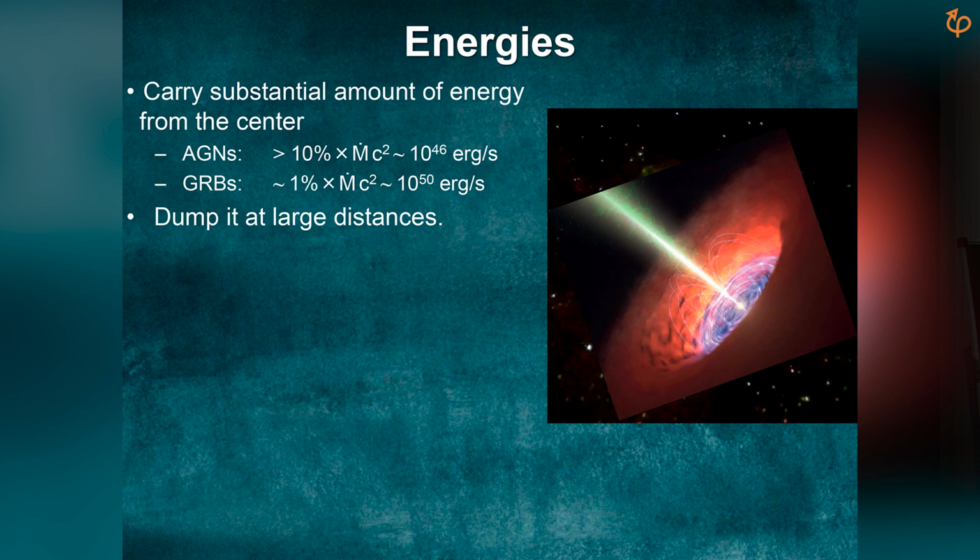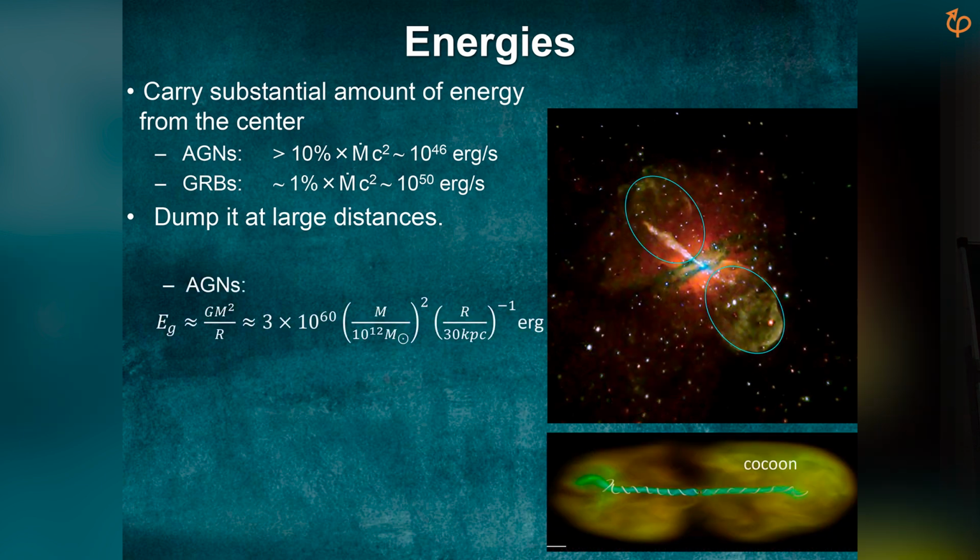In AGN, they can take about 10% of the rest mass energy of the matter that is accreted onto the black hole, and in gamma ray bursts it's about 1% of the mass of the black hole itself. They dump it at large distances, and when I say large distances, I mean even outside of the galaxy.